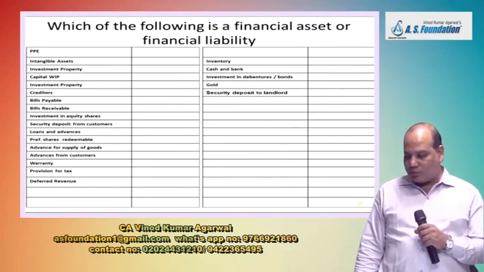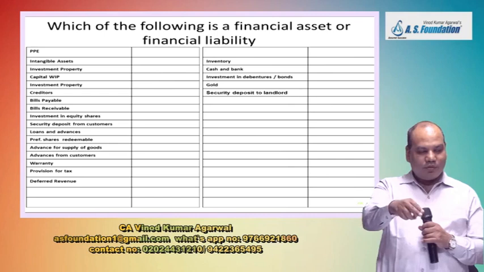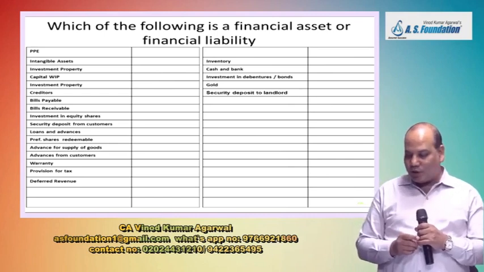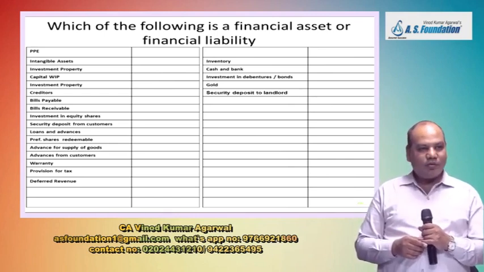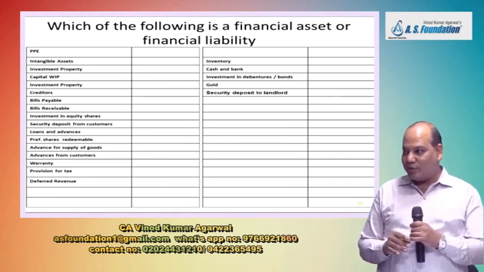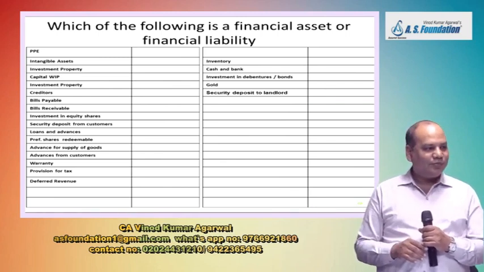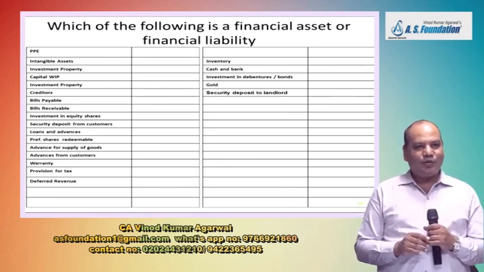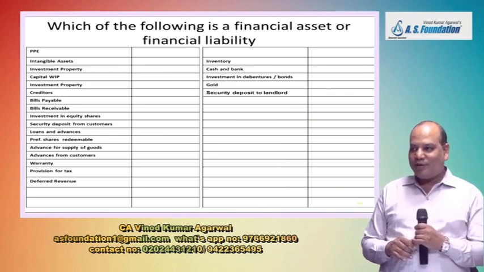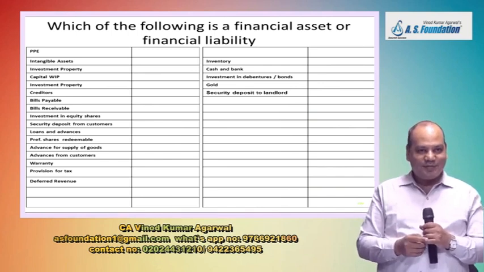Now write one homework for you. This is not printed in the notes. In the notebook, write down which of the following is a financial asset or a financial liability or none of the two. So you have to think about this as homework, and then we'll check tomorrow how many of you get how many answers right.